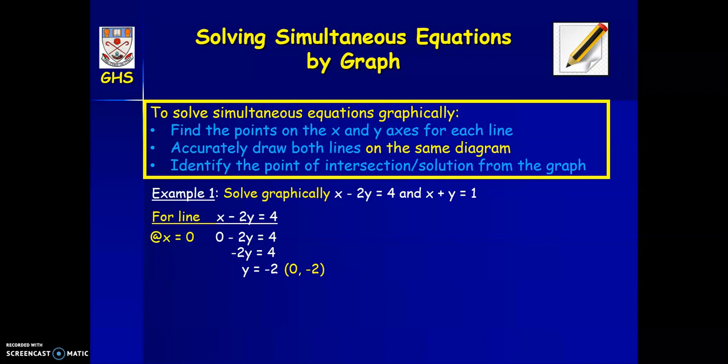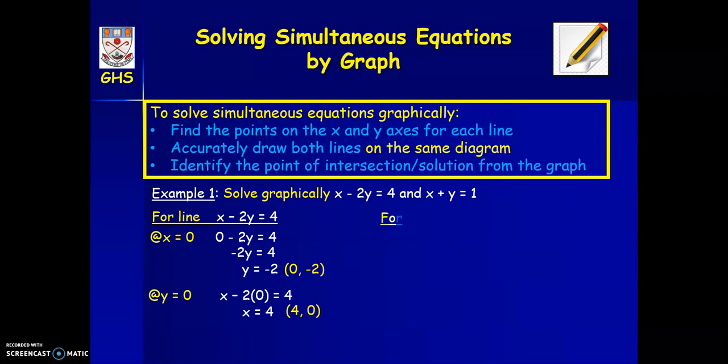We do the same but when y equals 0. So the equation becomes x subtract 2 times 0 equals 4. This simplifies just to x equals 4. So when x is equal to 4, the y coordinate is 0. So we have the pair of points for line x minus 2y equals 4.